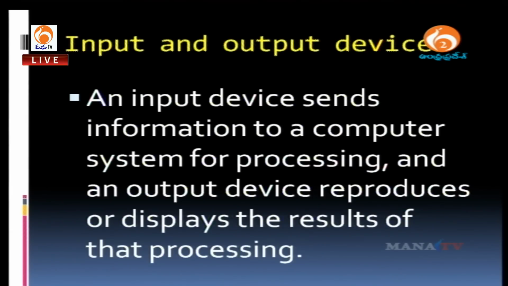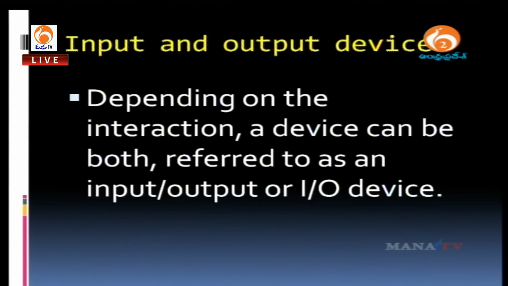Input and output devices: an input device sends information to a computer system for processing, and an output device reproduces or displays the results of the processing. Depending on the interaction, a device can be referred to as an input device, an output device, or an input output device.